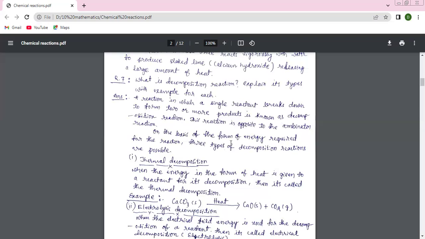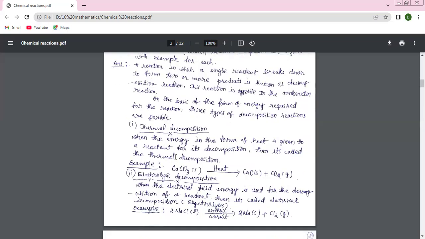On the basis of the form of energy required for the reaction, three types of decomposition reactions are possible. So here is the subclassification of the decomposition reaction. The first type is the thermal decomposition.